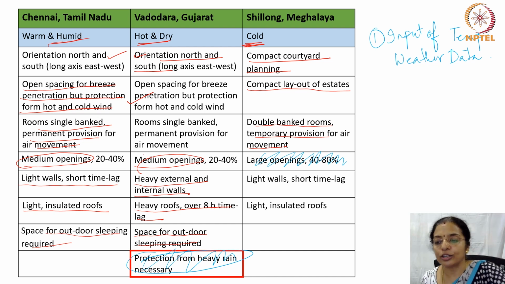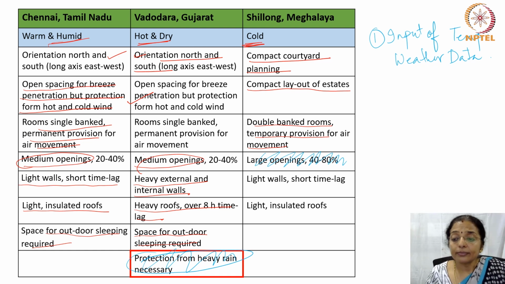Therefore, all that I am trying to say is that these tables give a fairly good thumb rule recommendations about what passive strategies we must use, but they also carry a small element of error, which is basically because of the data that we enter.